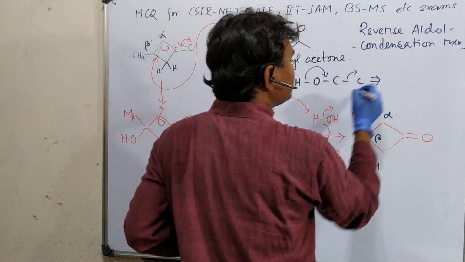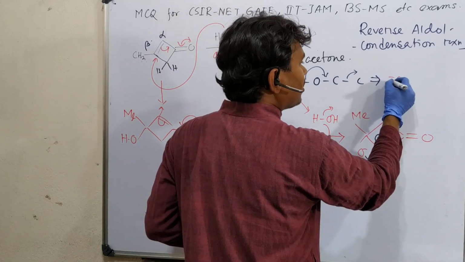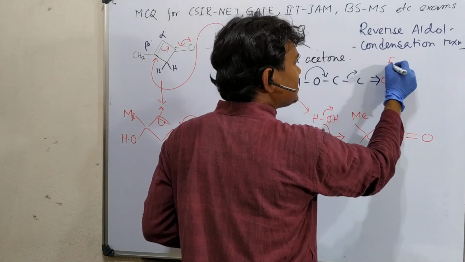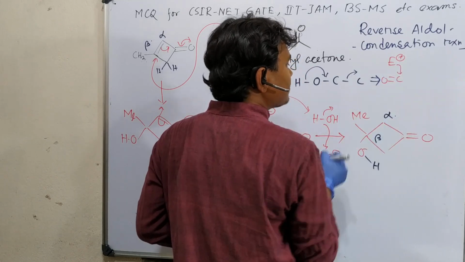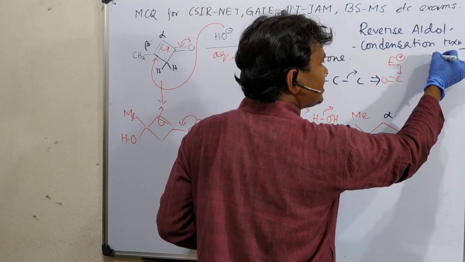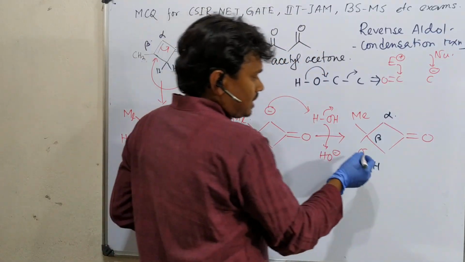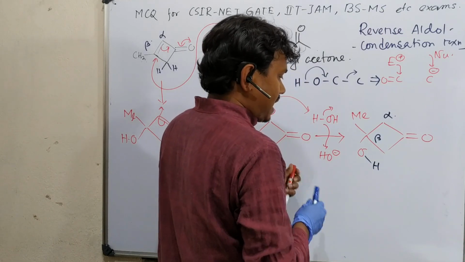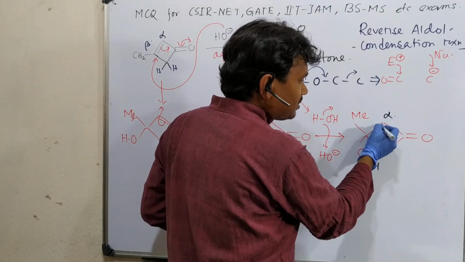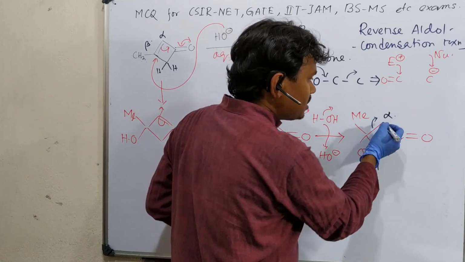You may think of the situation in this way: C double bond O, this is the electrophile, this carbon center, and carbon minus, this is the nucleophile.